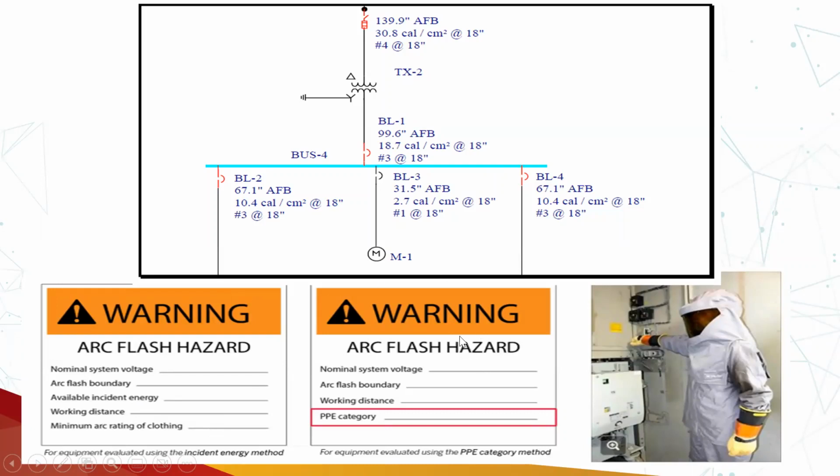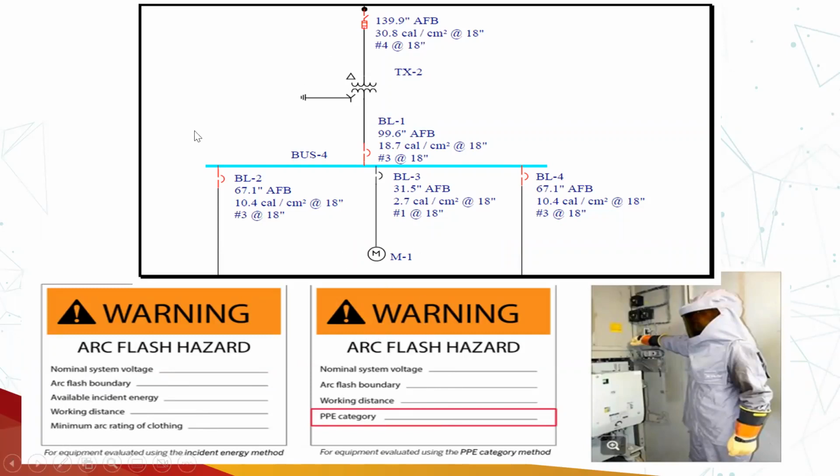If I'm using the PPE category method, I put the label based on this one. It mentions the voltage, arc flash boundary, and working distance, but it directly mentions the PPE category based on the table I have shown. Here, when we are using the PPE category method, we won't write the available incident energy or the minimum arc rated clothing. If we write it, it will be wrong.